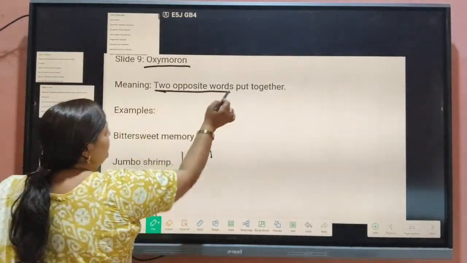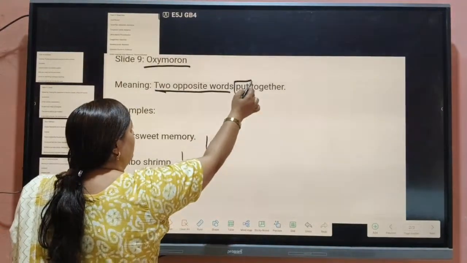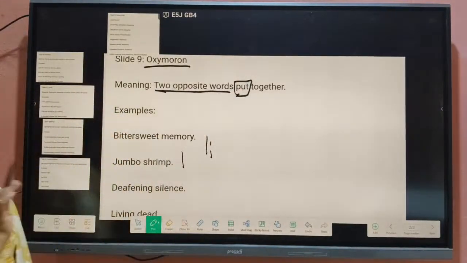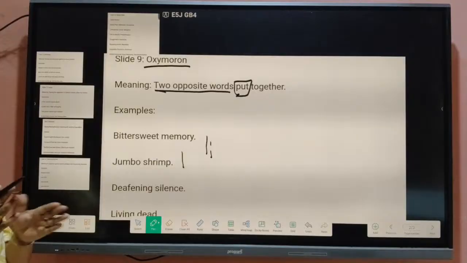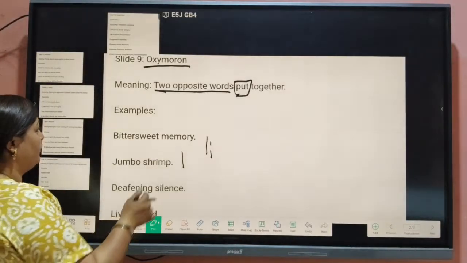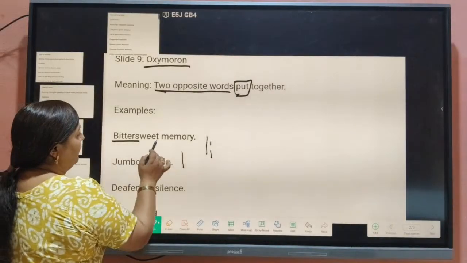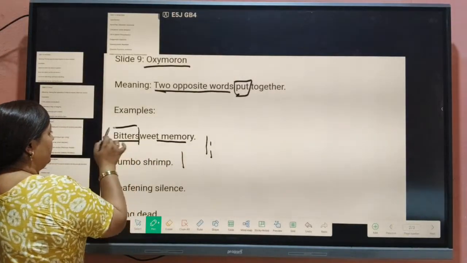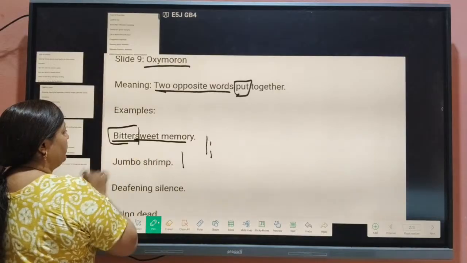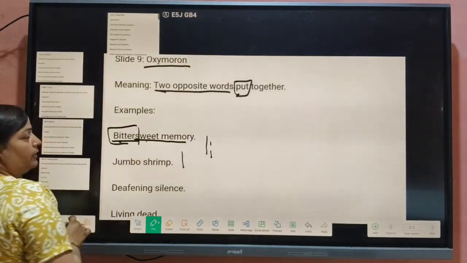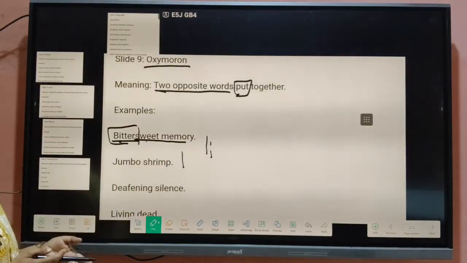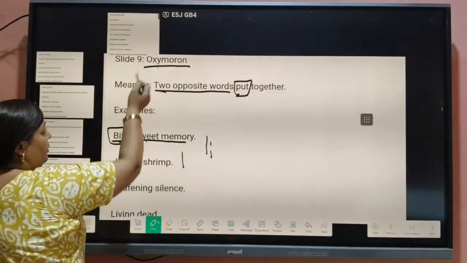Two opposite words put together. In oxymoron, we will find two opposite words, one after the other. For example, bittersweet memory. Here is bitter and also sweet. Bitter and sweet are both one after the other. That's why here is oxymoron.